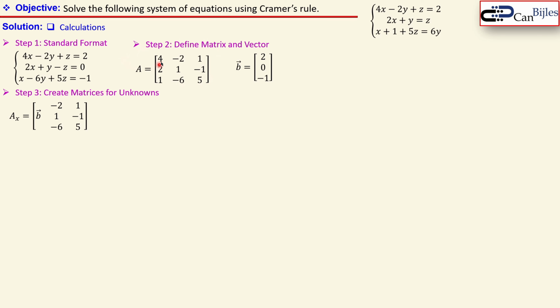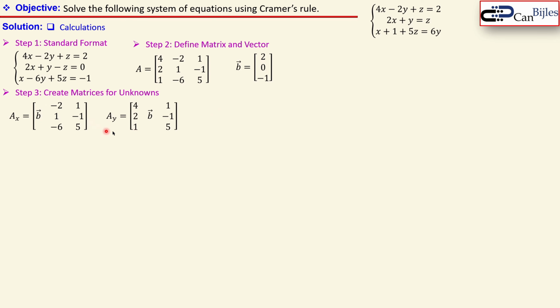Now we need to replace the first column, which is the column determined by x, with b. So this will be replaced by b. The rest is exactly the same as the matrix A. So we replace this part by 2, 0, minus 1, which is done later.